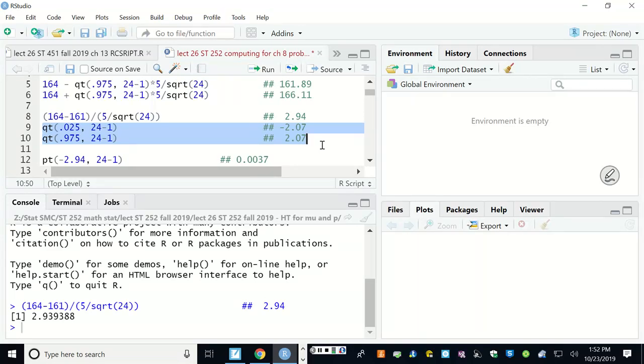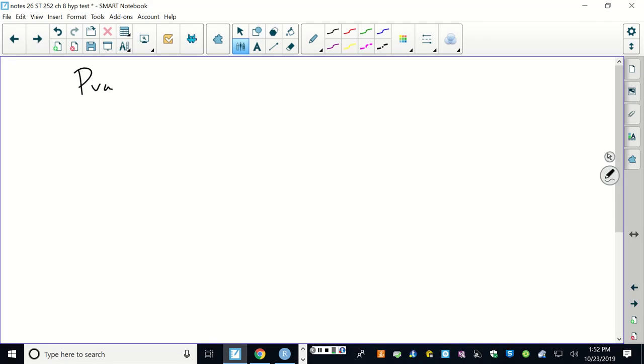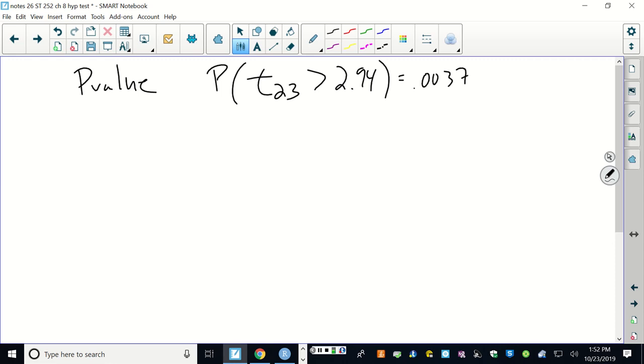What's the probability we're actually bigger than that 2.94 value? And again, I think I kind of reversed the direction there. So if we calculate the p-value, we want the probability that a t-distribution with 21 degrees of freedom is greater than 2.94. And that's pretty small. It's 0.0037.